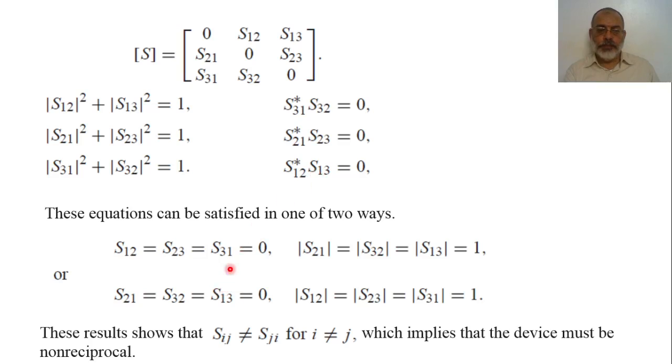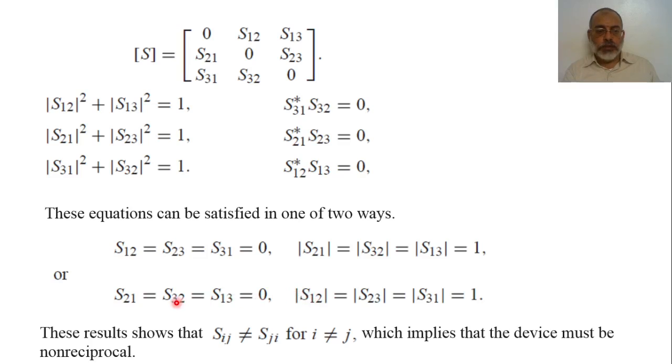S13, S21, S32 are 0. Then, from the second set of equations, we can say that if S21 is 0, then the magnitude of S23 is 1.